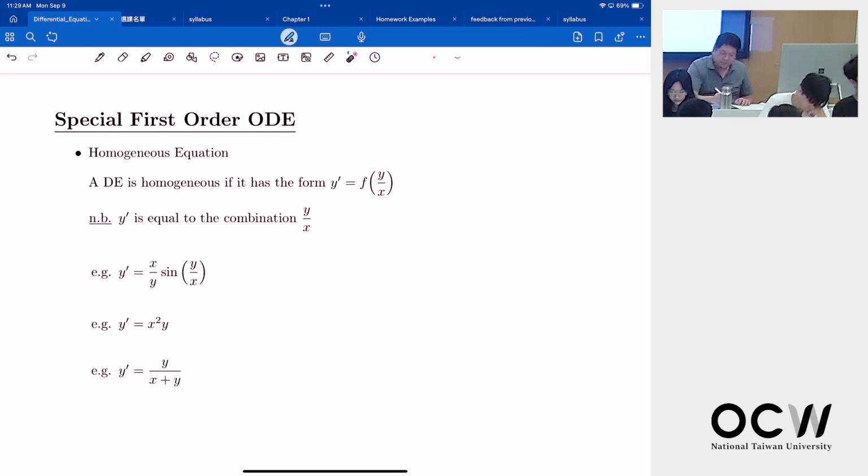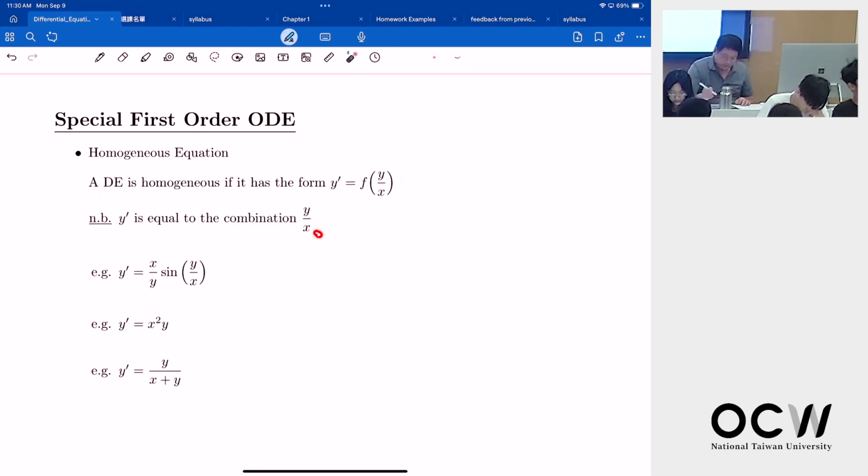But what is homogeneous? What does homogeneous mean? If the differential equation is homogeneous, that means you will see this form. y prime is a function of y over x. If you see the equation with this form y over x, this is homogeneous. That means y prime will be equal to any combination of y over x.